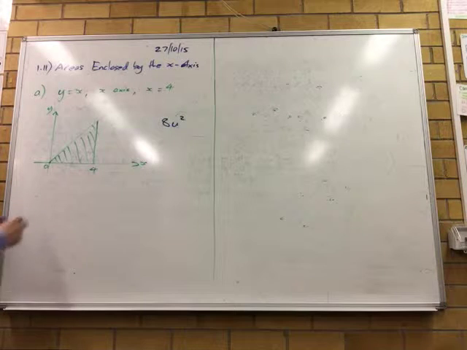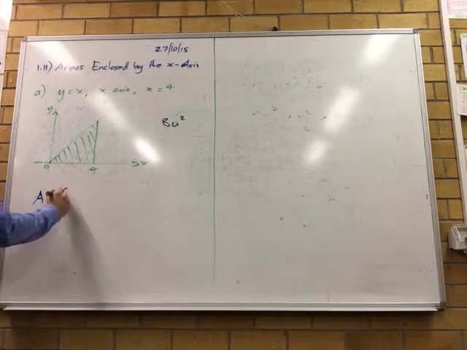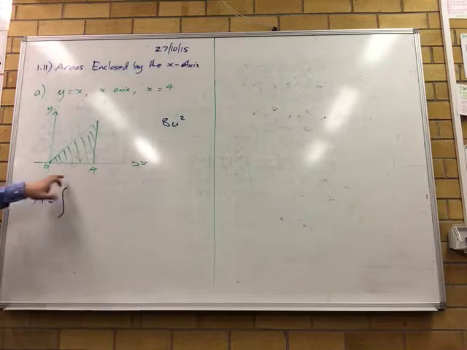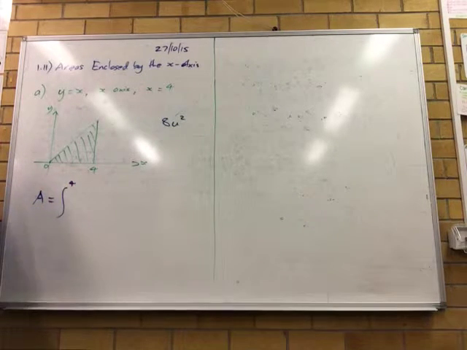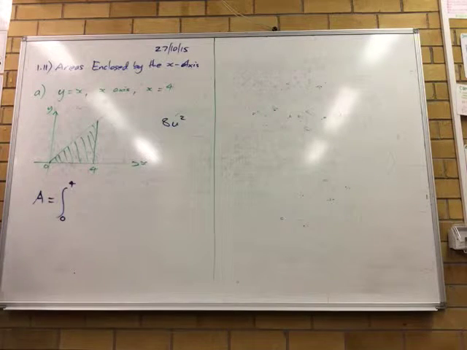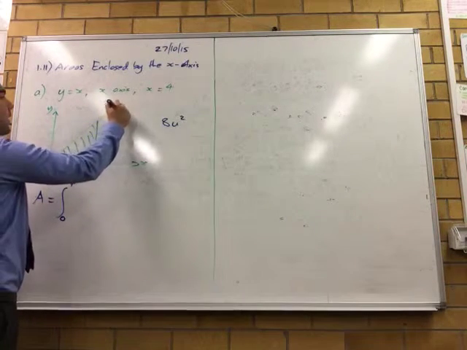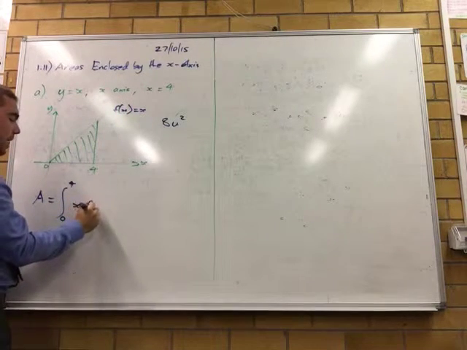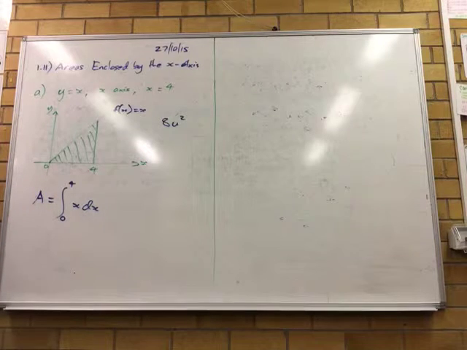Right, so the area, capital A, is the integral from the endpoints of integration. So the highest point goes on top and the lowest point goes on the bottom of the integral sign. So this is f of x is x. So we're integrating x and then we write dx at the end because that gives us a notation of what we need to integrate with respect to.